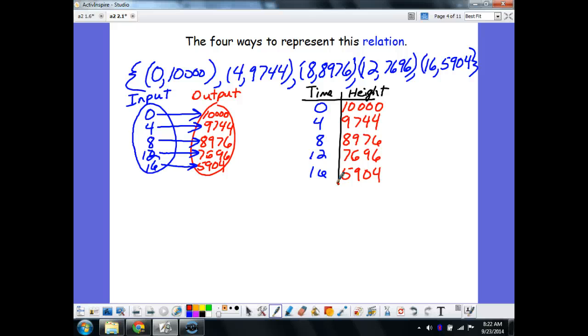And finally, the 4th is the graph. And as we talked about before in the last unit, generally we put the independent value on the horizontal axis. So this is time, which means then the dependent value, or the height, belongs on the vertical axis.